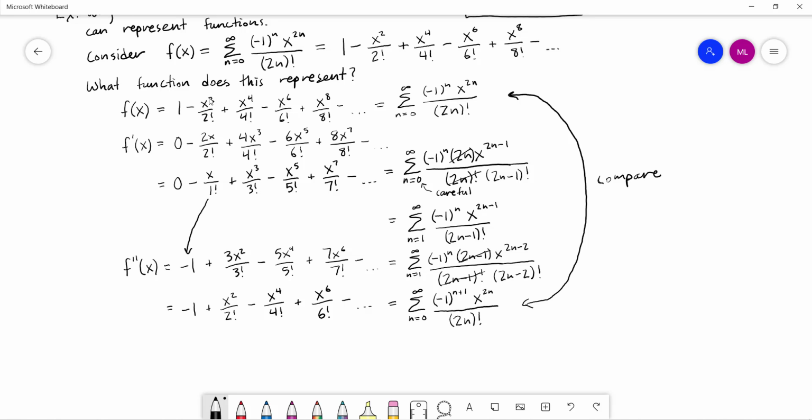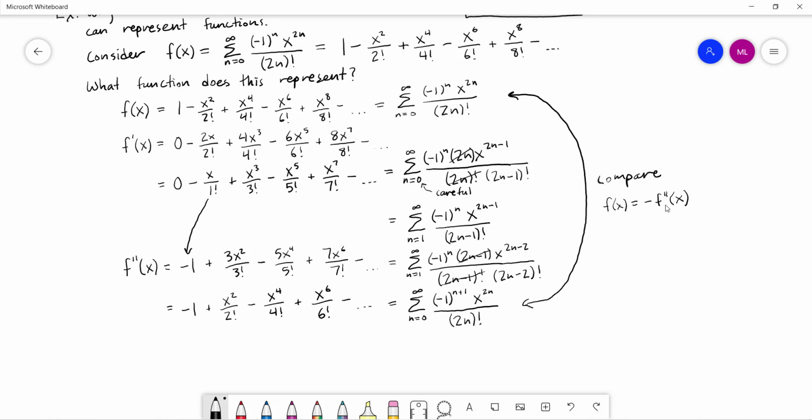I had a negative x squared over 2 factorial, now it's a positive x squared over 2 factorial. I had a positive x to the 4th over 4 factorial, now it's a negative x to the 4th over 4 factorial. So f of x is equal to the negative of f double prime of x. They're opposites of one another.